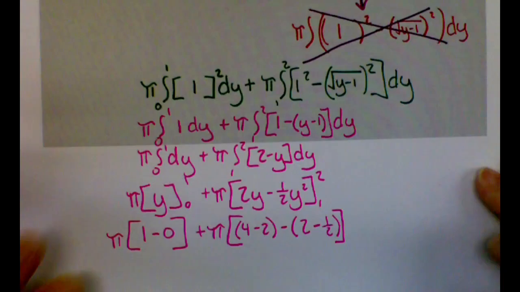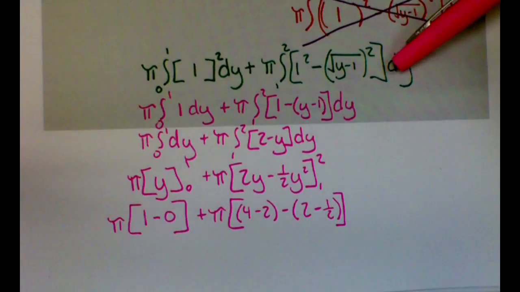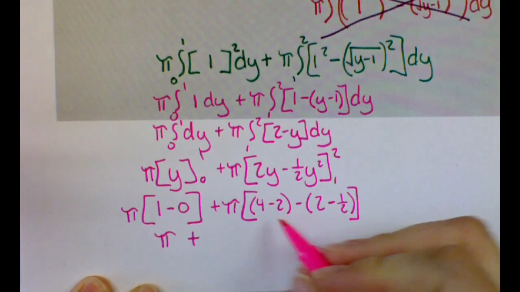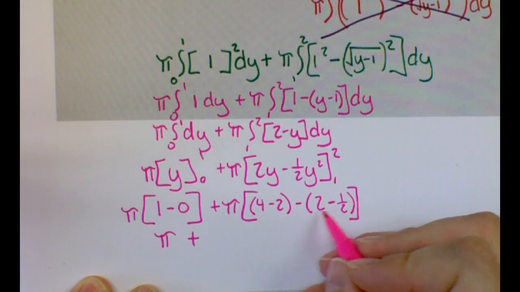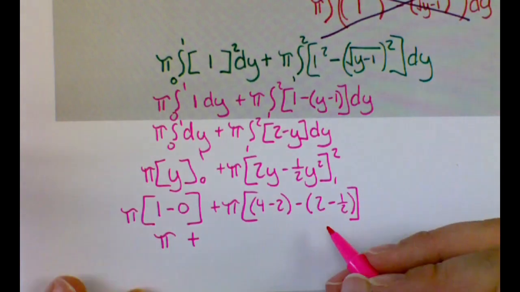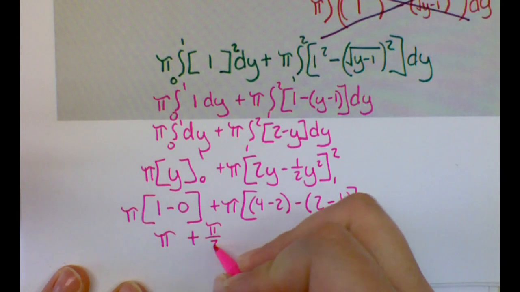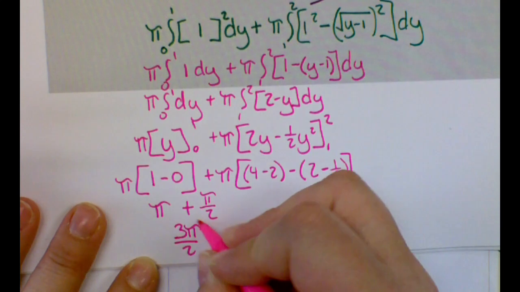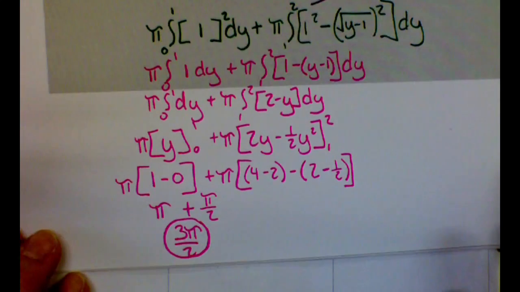So I have 1 pi here plus 2 minus 1.5, which is a half. So pi over 2. And pi plus pi over 2 makes 3 pi over 2, which is the actual volume.